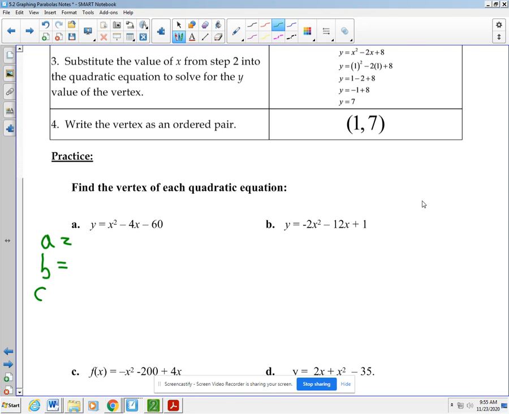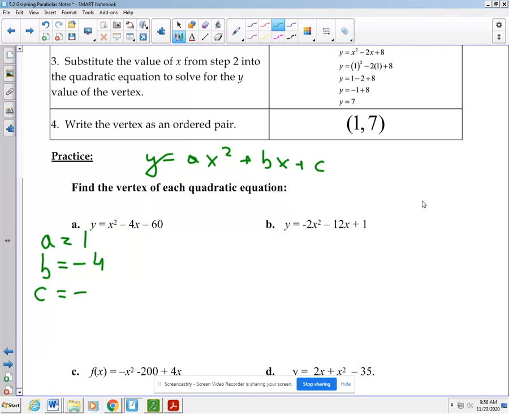So in this example, if you think about the equation y equals ax squared plus bx plus c, a is the number in front of x squared. In this case, it's equal to 1. b is always in front of x, the linear term. In this case, it is -4. And c is the constant, the last number without a variable. In this case, it is -60.